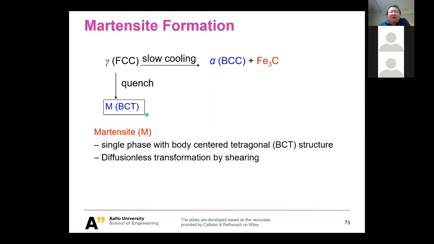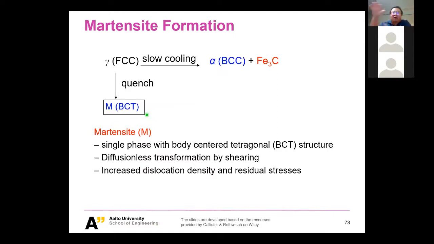First of all, it's a single phase with a body-centered tetragonal structure, and it is a diffusionless transformation by shearing only. So we have already emphasized these two points. That also gives martensite some specific mechanical properties.